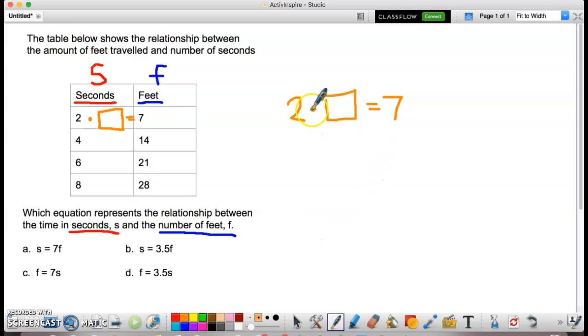So right now we're talking about what are we multiplying by? So I can use division in the opposite direction to figure this out. I need to do 7 divided by 2 to figure this out. So I'm going to do that work right over here.